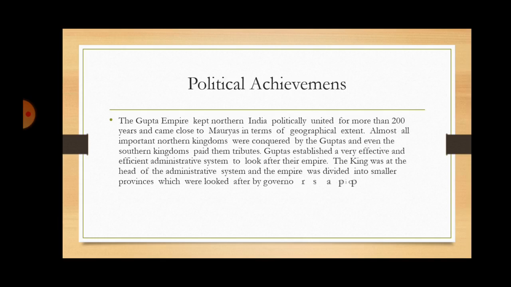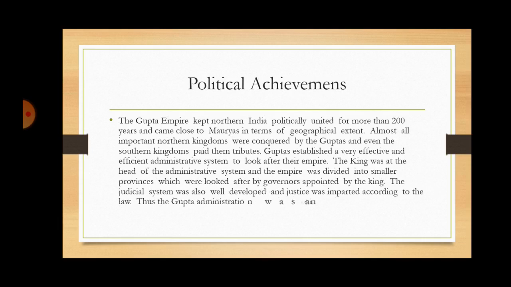Guptas established a very effective and efficient administration system to look after the empire. The king was at the head of the administrative system, and the empire was divided into smaller provinces which were looked after by governors appointed by the king.